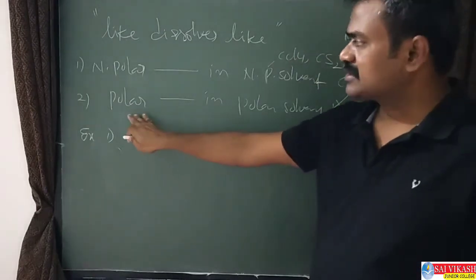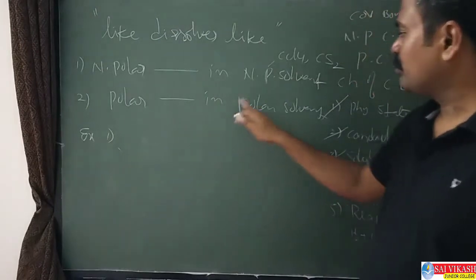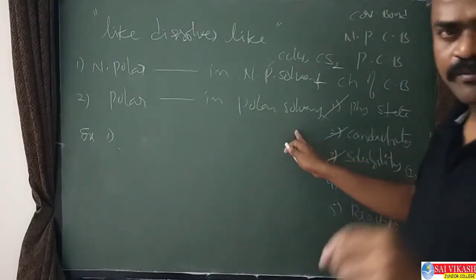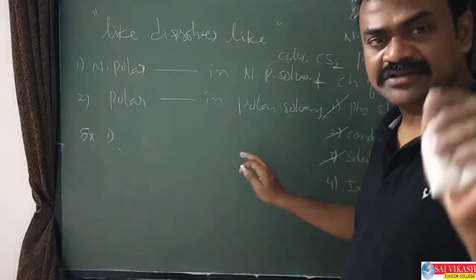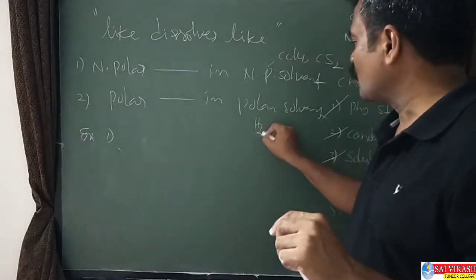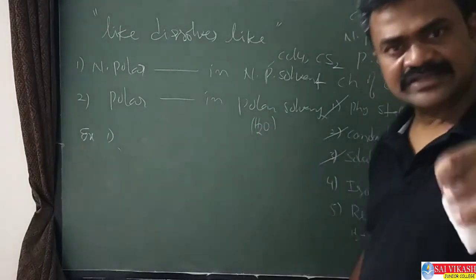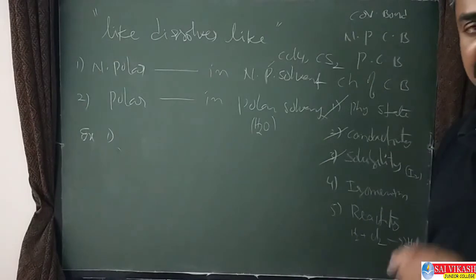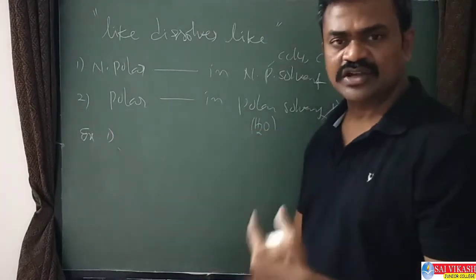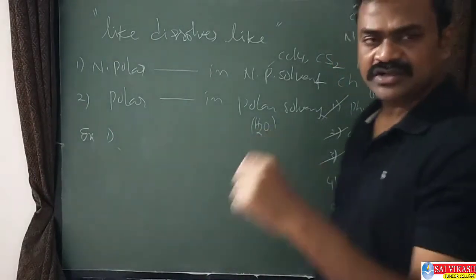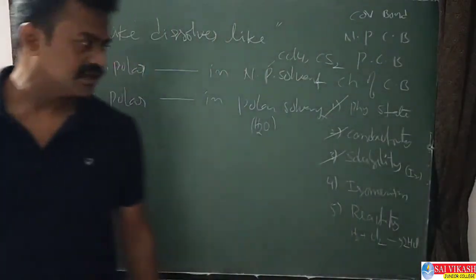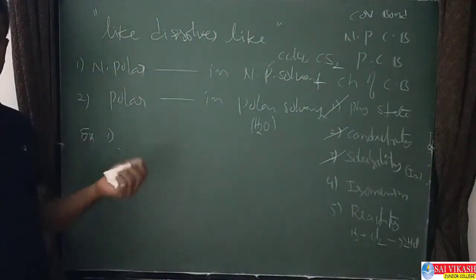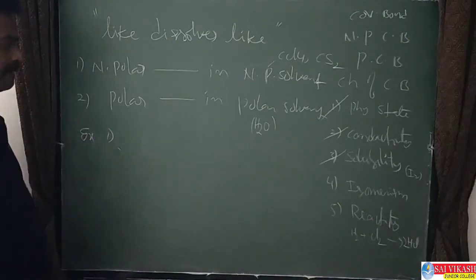And polar compounds are all soluble in polar solvents. What is a polar solvent? The best polar solvent is water. Yes, water is a polar solvent. In this, all polar compounds are soluble.